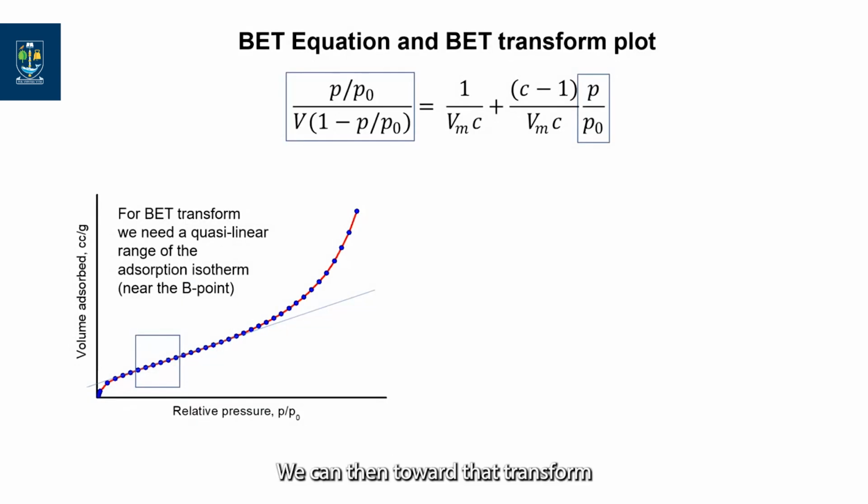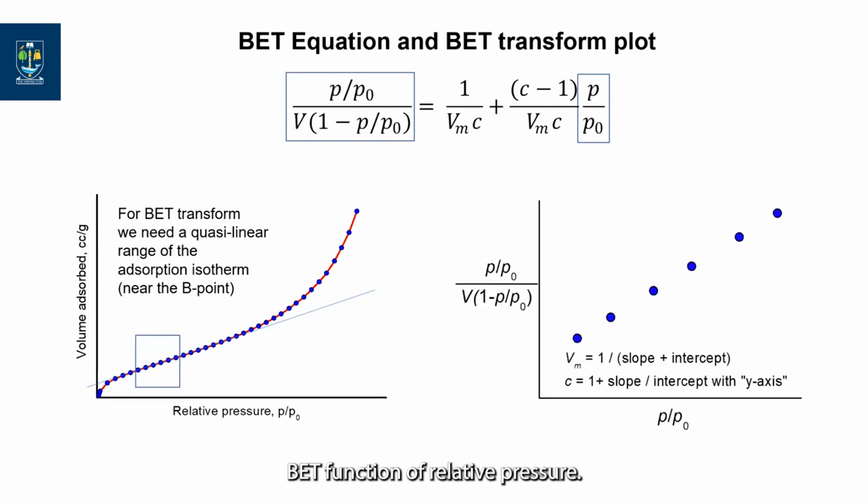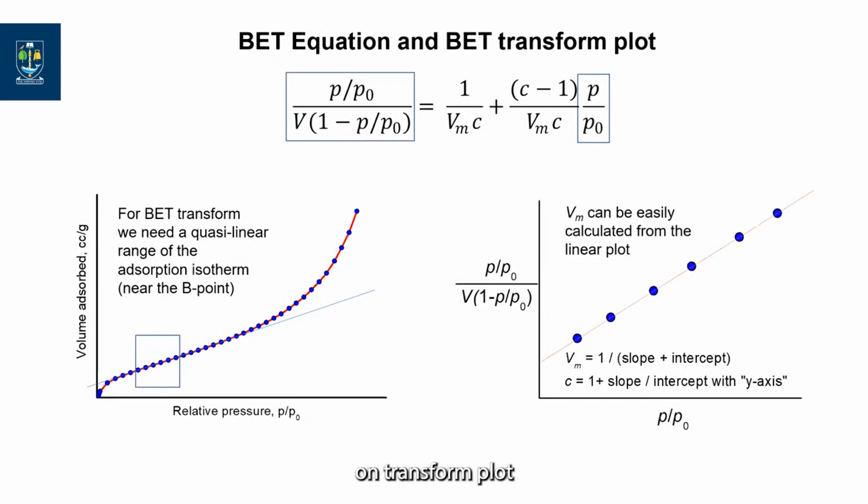We can then plot the transformed BET points as a function of relative pressure. We draw a line regression plot through the points on the transform plot. The slope of this line and the intercept with the y-axis are our key parameters.